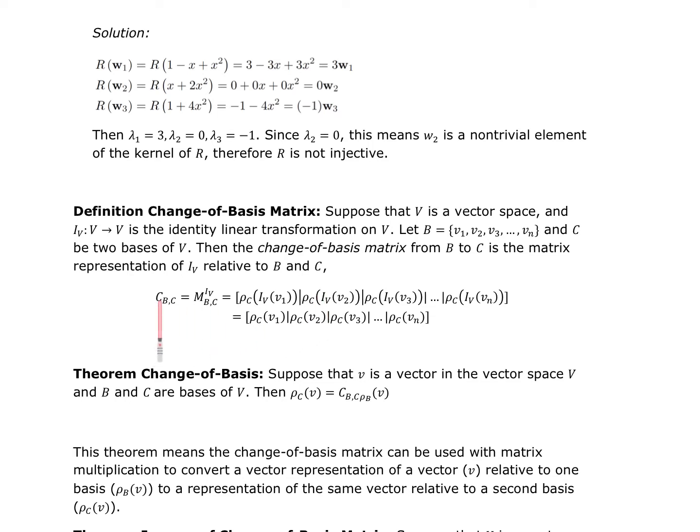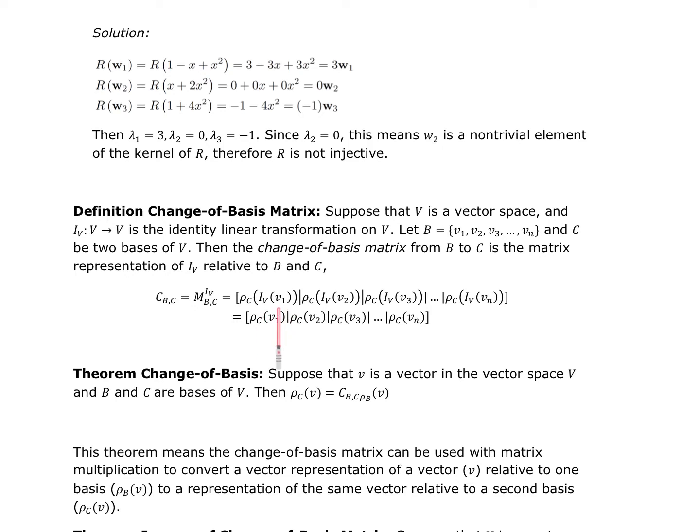So the change of basis matrix from B to C is the matrix, noted M, where I sub V is the identity linear transformation from B to C, which is the rho of C. Now, if you remember from our previous videos, rho of C is the vector representation of the identity linear transformation of V1.